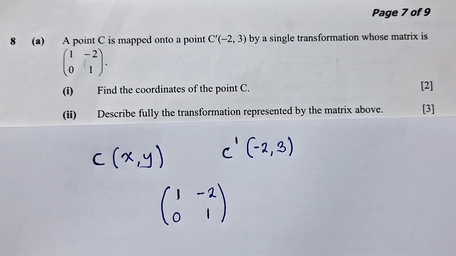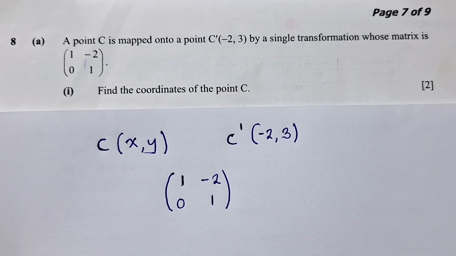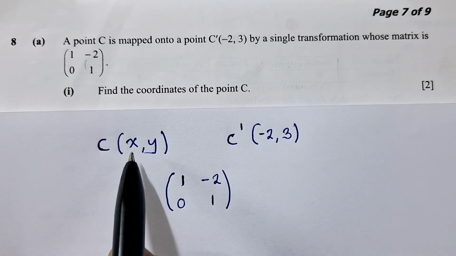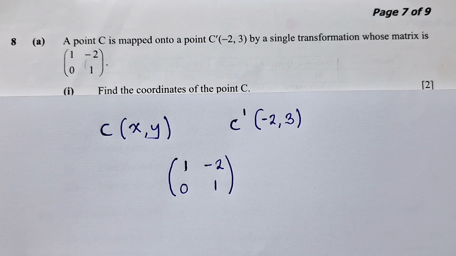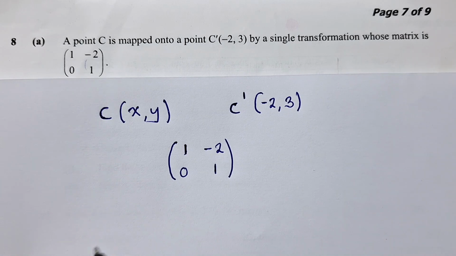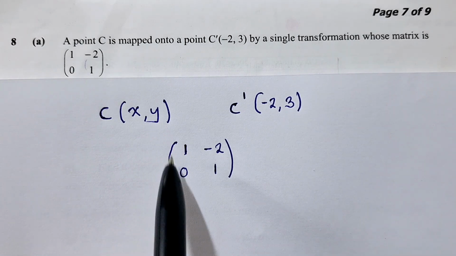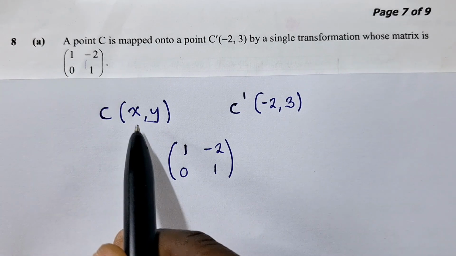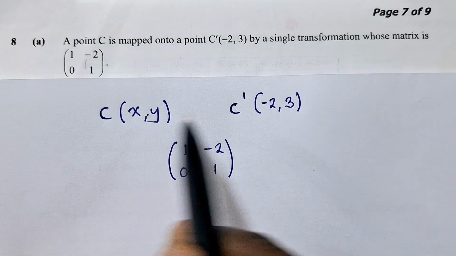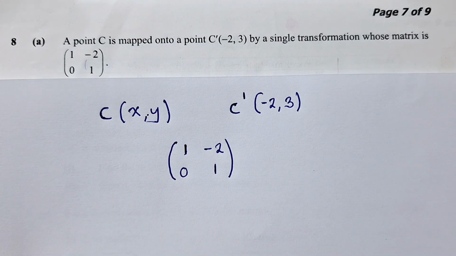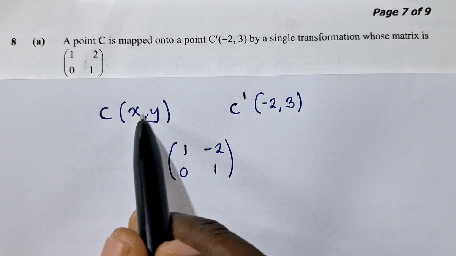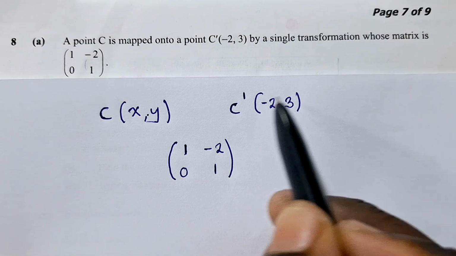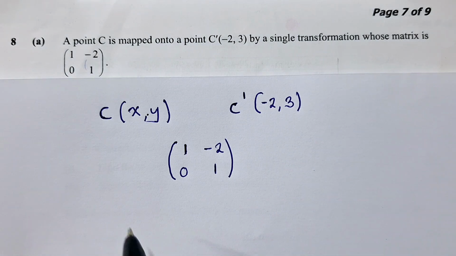So we've got three things. Therefore, it will be easier for us to find the value of x and y. In order to find the value of x and y, we're going to multiply this matrix by point C, which is equal to the complement. What is happening here is that when you multiply a matrix by this point, it will give you the other point, which is this one. So let me show you.